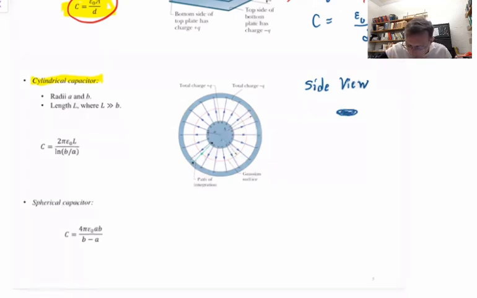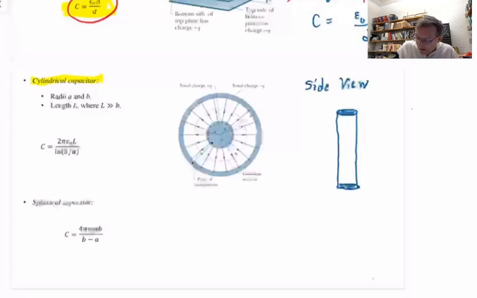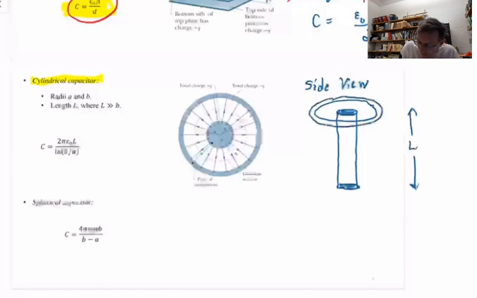You have an inner conducting cylinder of some length L this way, conducting, and you surround it with a conducting cylindrical shell, which I'll try to represent like that.